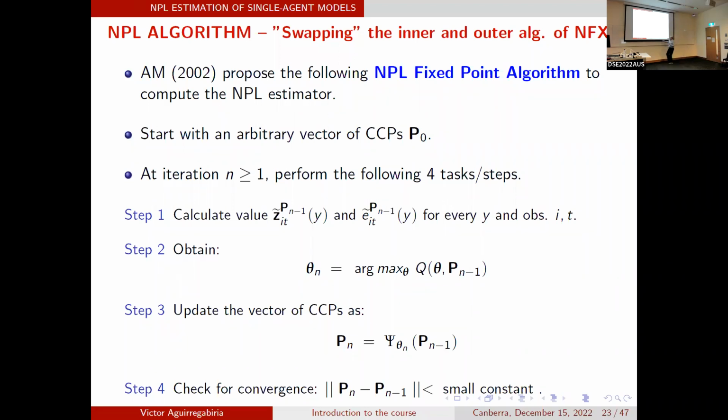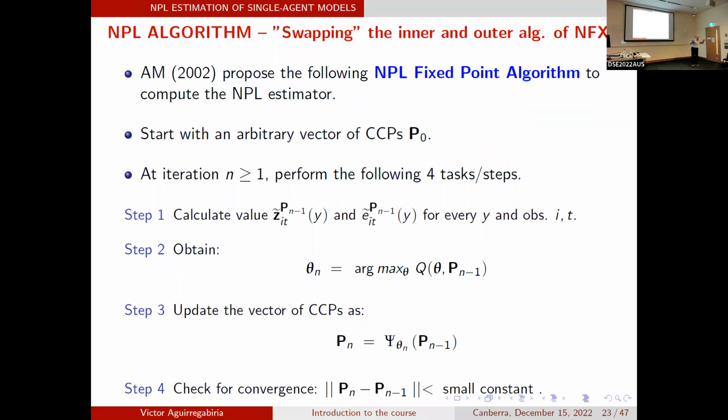We also know that the effect of theta on psi is also a contraction, because there is discounting. Changes in theta also imply that they have the contraction property. Then the only thing that could make this not a contraction is that by changing P here, we can get very large changes in theta, basically, in the pseudo maximum likelihood estimation.